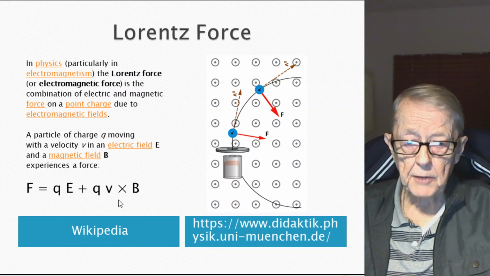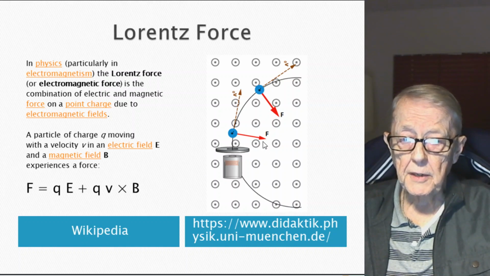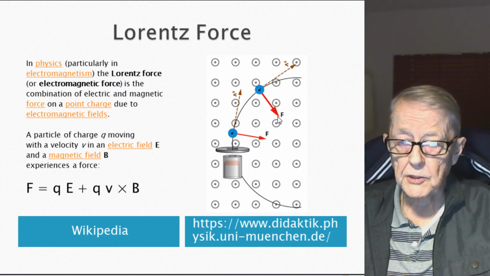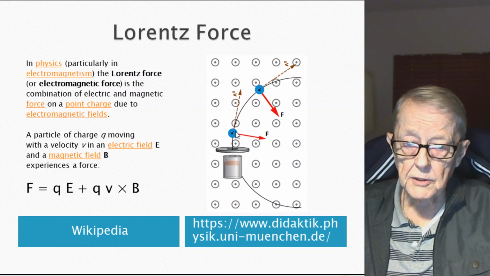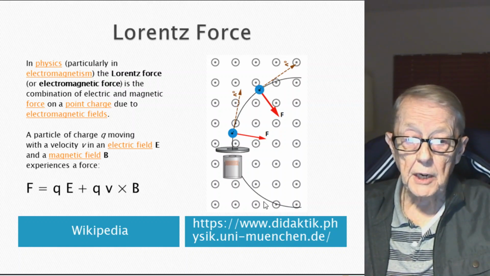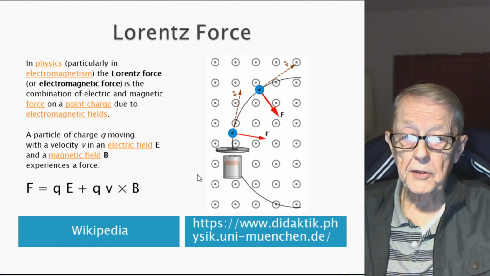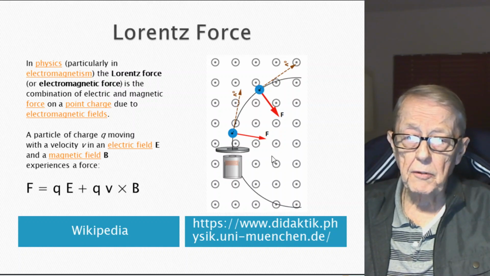So there's an electric field and a magnetic field, and the sum of the 2 sets up this force field. Those are the right forces required to cause an electron stream to move in a circle inside the globe. I'm not going to go into the details here, just an overview.